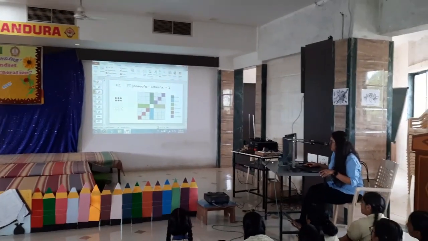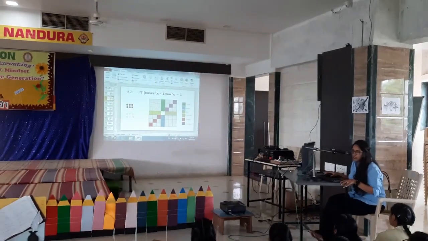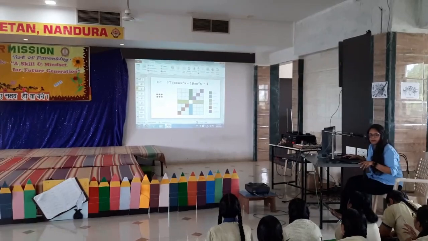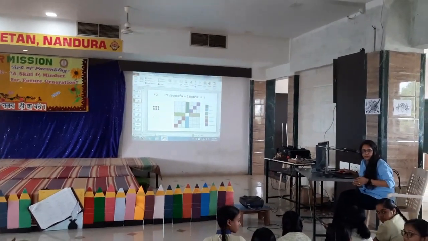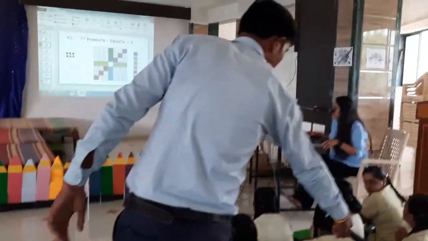So let us first try to represent cosecant square x minus 1. How do I represent this? How do I represent cosecant square x minus 1 on this grid?